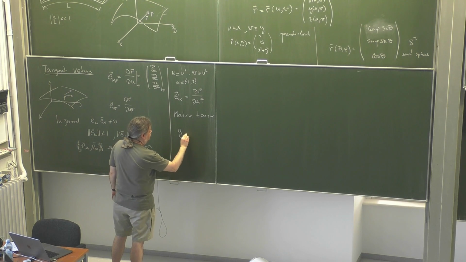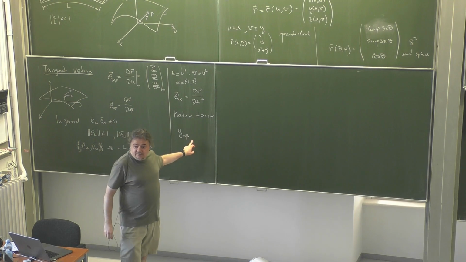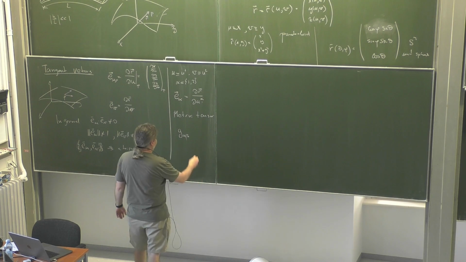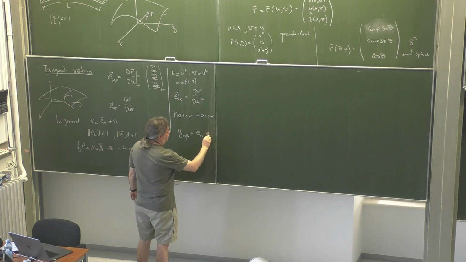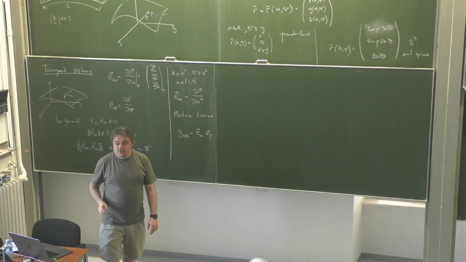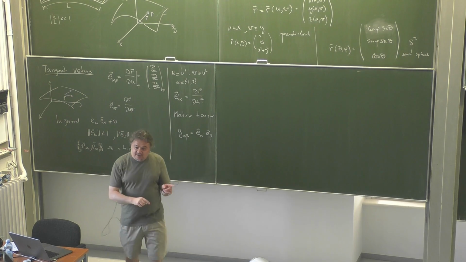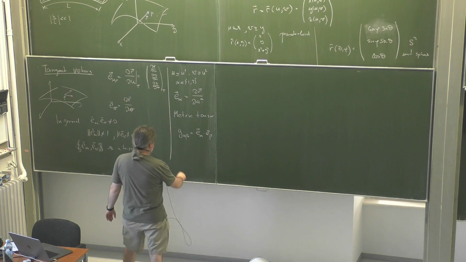So 2 lower indices. These indices are 1 and 2, so these are 4 numbers, which is just going to be E alpha dot E beta, right? So if I write it as a matrix, it's not really a matrix because I don't transform as a matrix, but I can write it as a matrix, right?